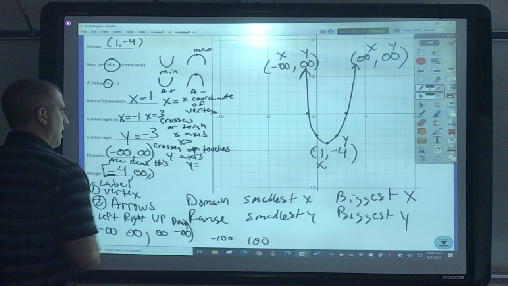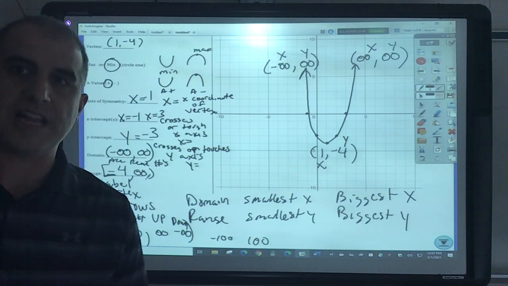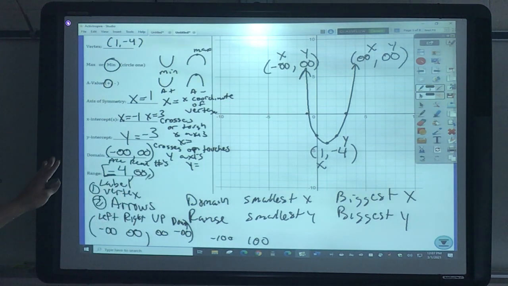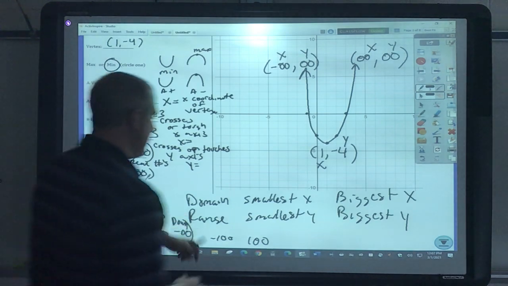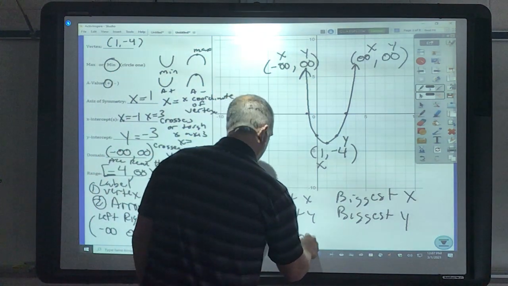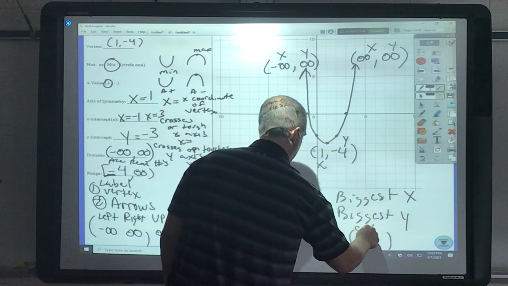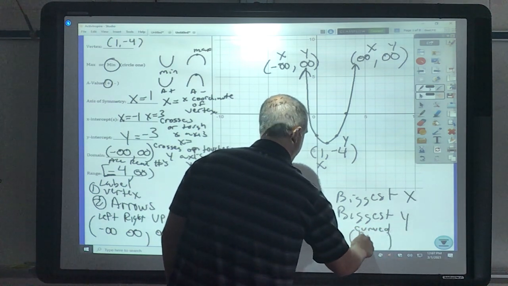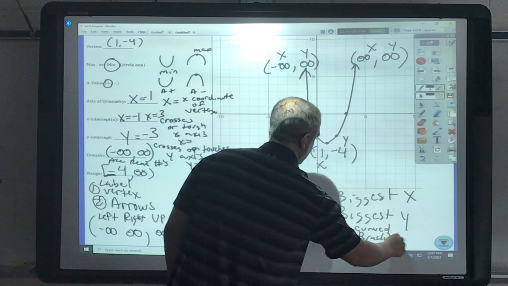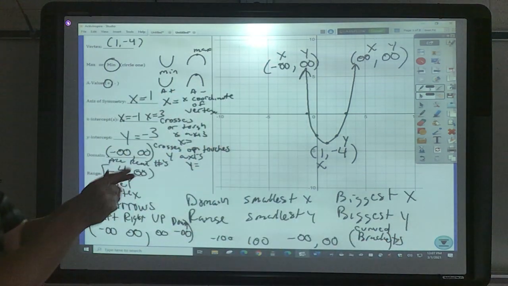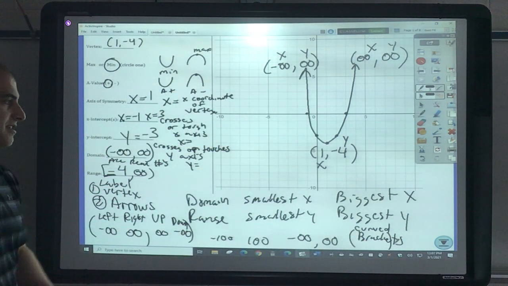So I put -4 to infinity. So for your infinities, put curved brackets. For our numbers, we put closed brackets or square brackets.